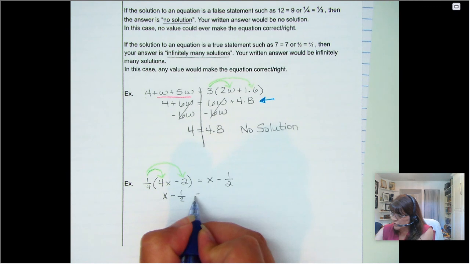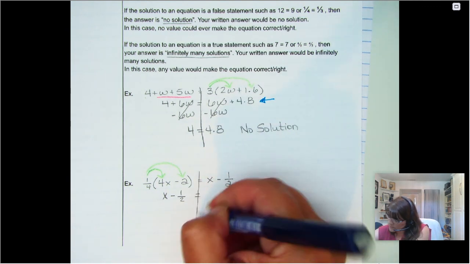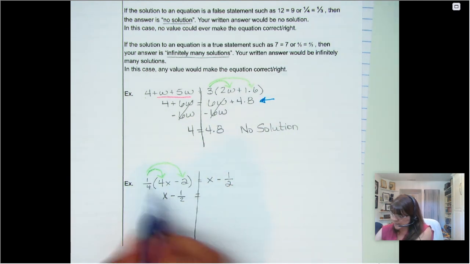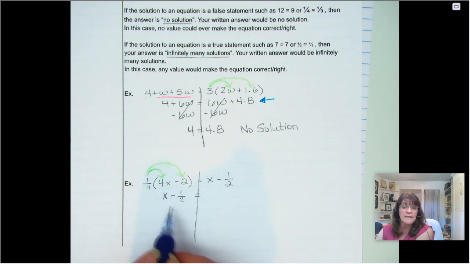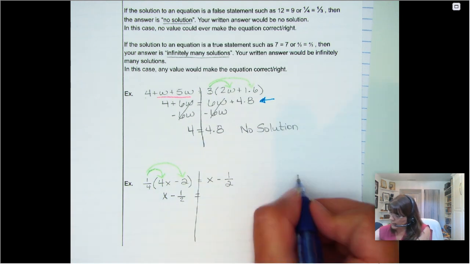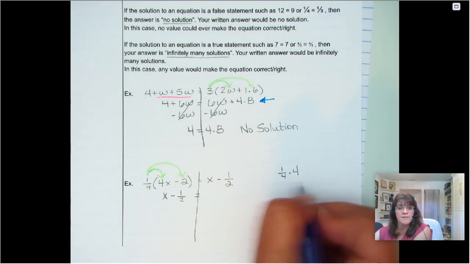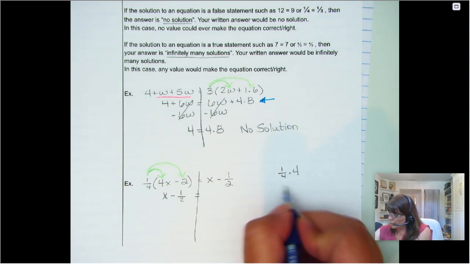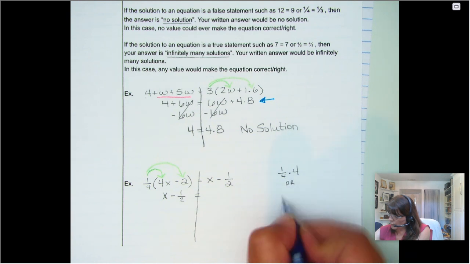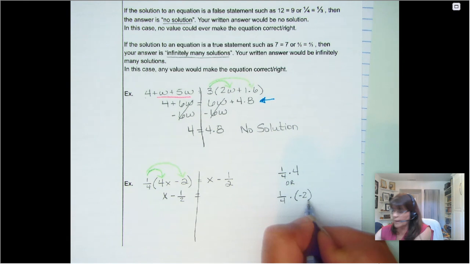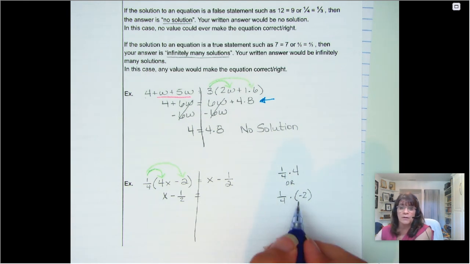Now, if you need to, always feel free to take things like this that I make look neat in an equation and do things like 1/4 times 4 over on the side, or 1/4 times -2, and just do that problem over there.